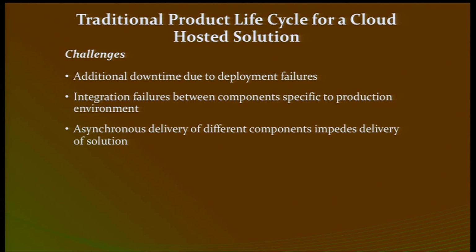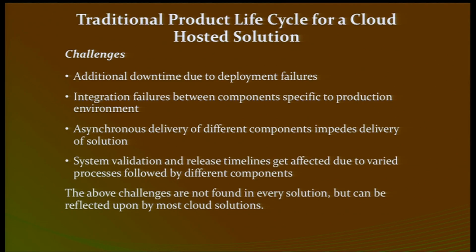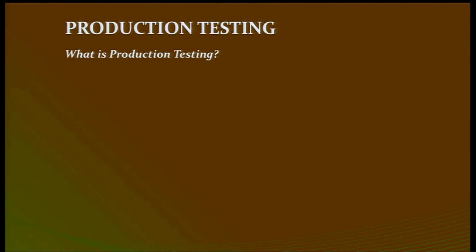If you are having an issue and you have a fix for that, you might probably have to wait for all the other components to deliver, and you have a time bound release until which you can deploy the fix into the production environment. The system validation and release timelines get affected because of this. So these are some of the challenges that you can find common ground in most of the solutions out there who follow this methodology.